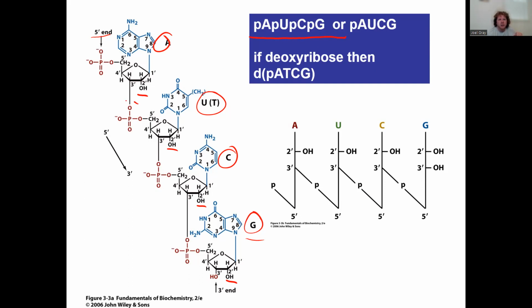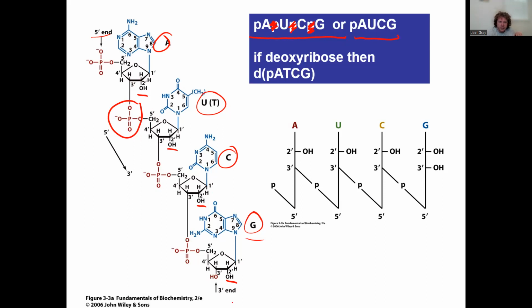There has to be a phosphodiester linkage between each of these bases. So these phosphates are really kind of redundant and unnecessary, which is why something like this is shown, pAUCG, because it is important to say if there is a 5' or a 3' phosphate.